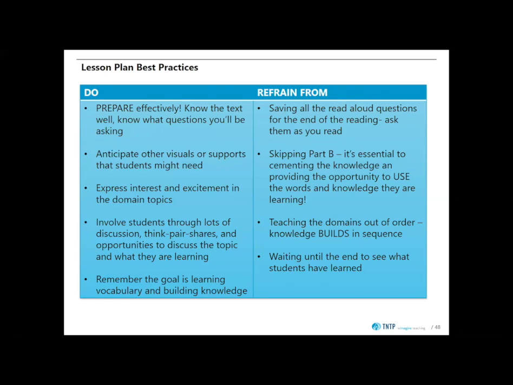The more they engage orally, as well as in writing or drawing in the topic, the more they will learn. Remembering always, the goal is building knowledge and vocabulary. That's what this entire strand is about. So providing as many opportunities for students to engage in this content is very important.